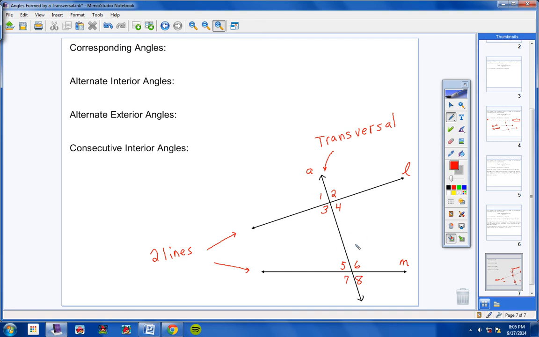Okay, so I'm going to go ahead and be quiet here, if that's possible for me to be quiet, and I want you to write down the words corresponding angles, alternate interior angles, alternate exterior angles, consecutive interior angles, and then draw this diagram in your notes.